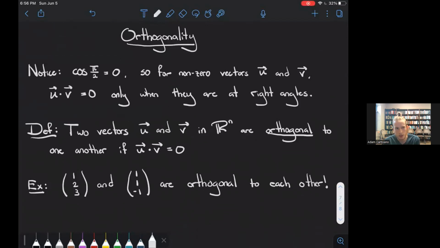So the last concept is a natural consequence of this definition of angle between two vectors and cosine. Let's go backwards.